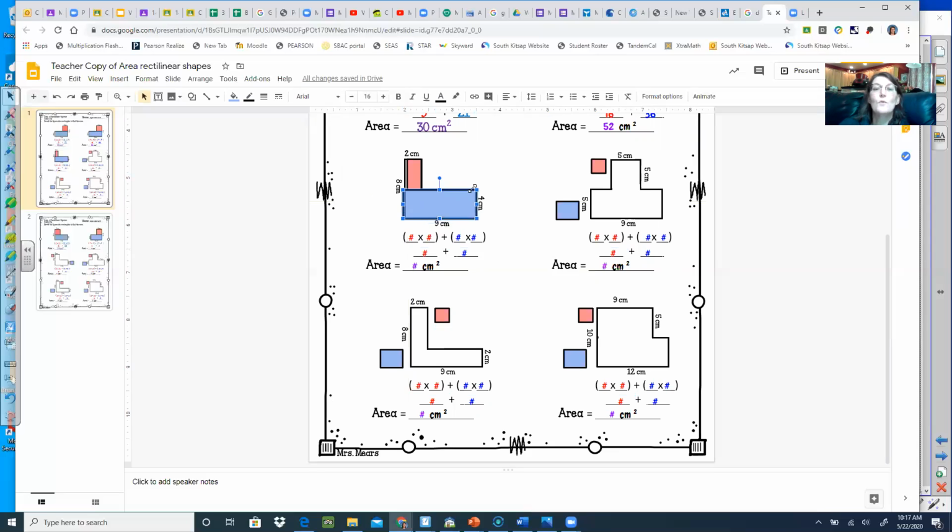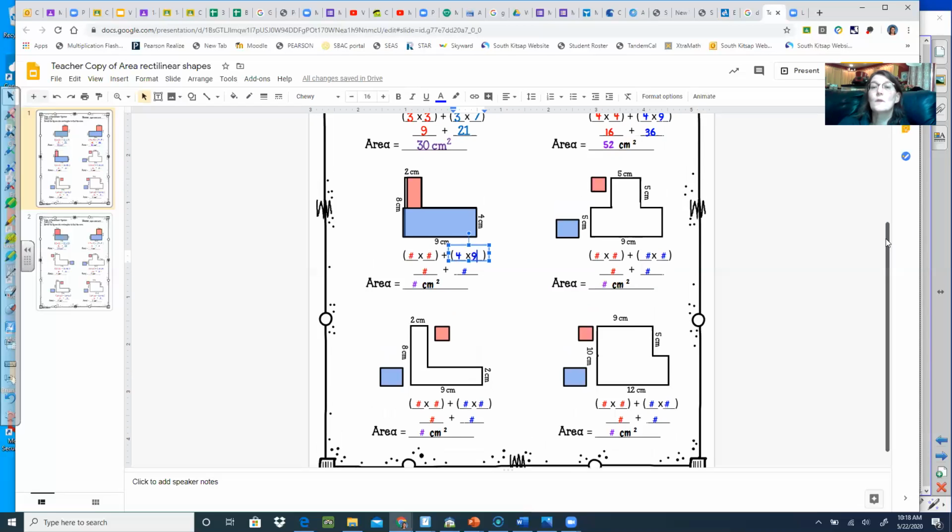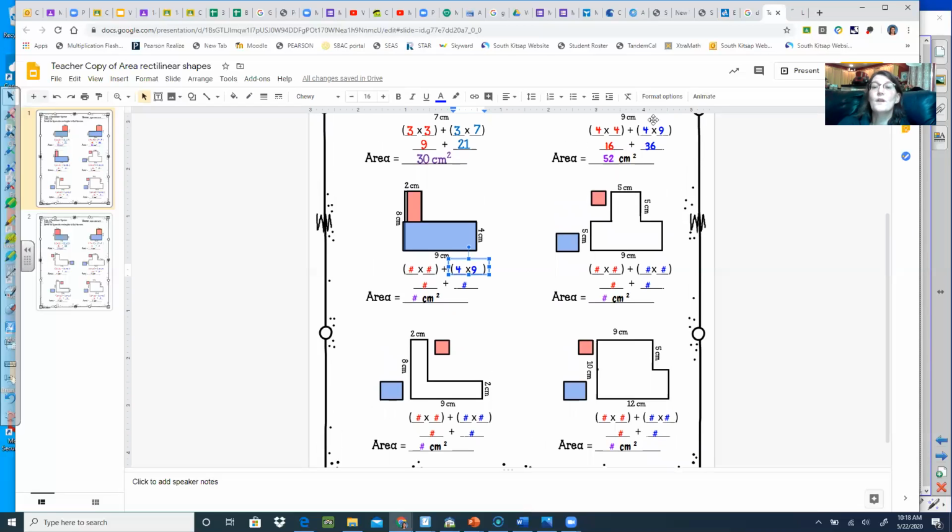It's got a side of 4 and a side of 9. 4 and 9. Now we just did 4 and 9 a moment ago. We did 4 and 9 up here, and that was 36. Okay, now looking over at this guy, it's not 2 by 8 because 8 is this entire length.